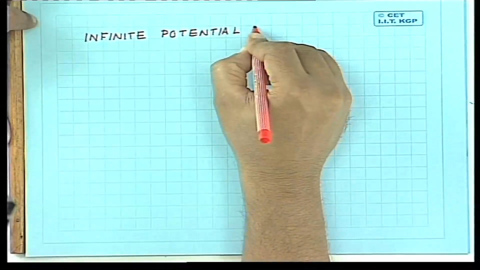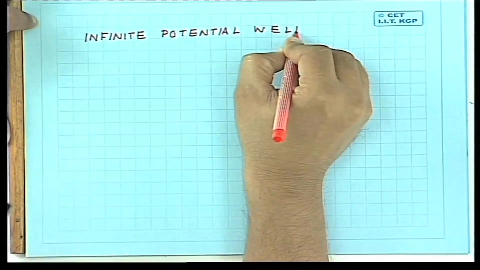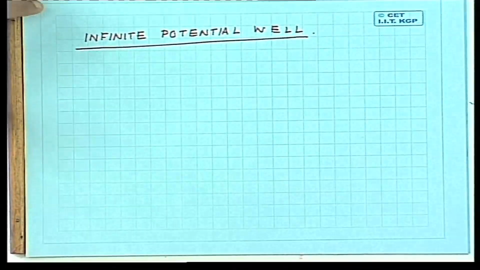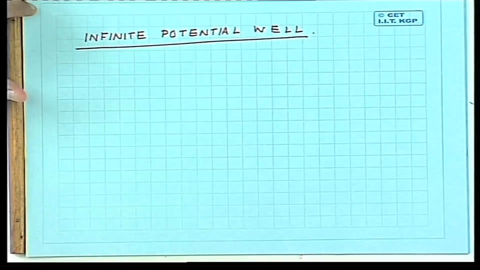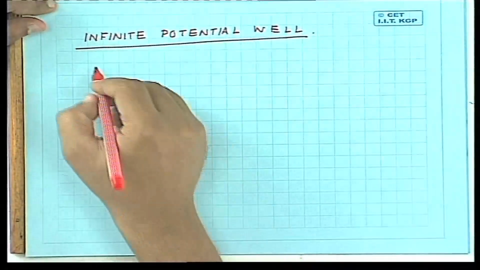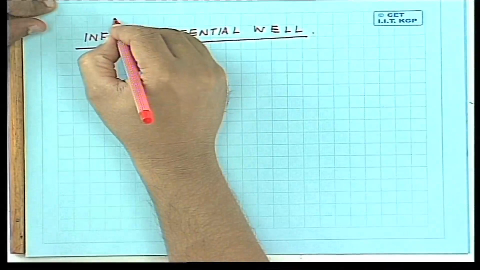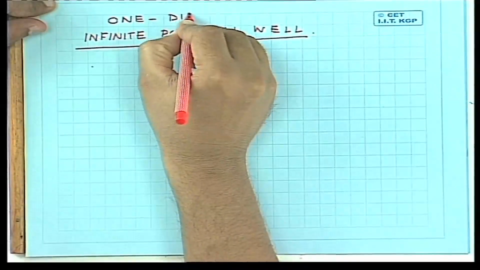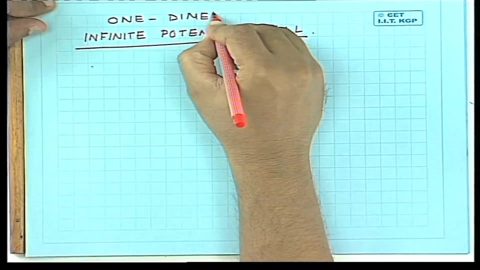What is the infinite potential well? It is a situation where a particle is in 1D. We are still restricting ourselves to one dimensional problems.